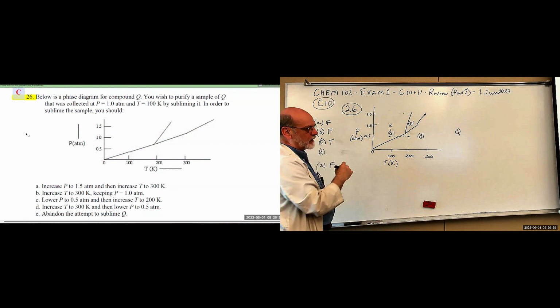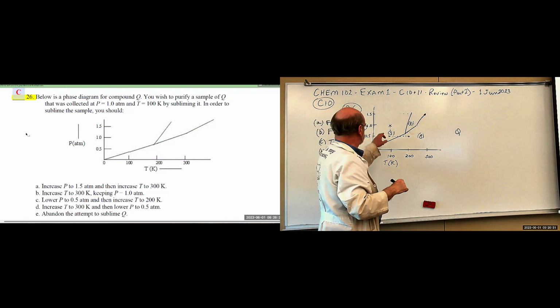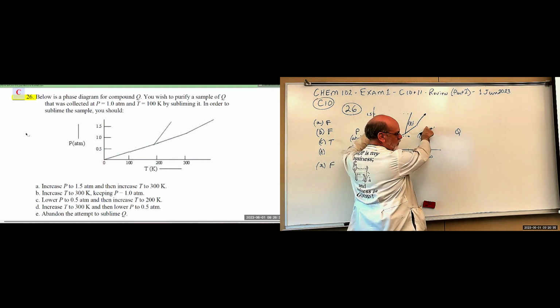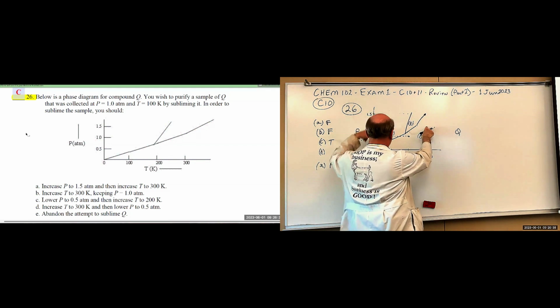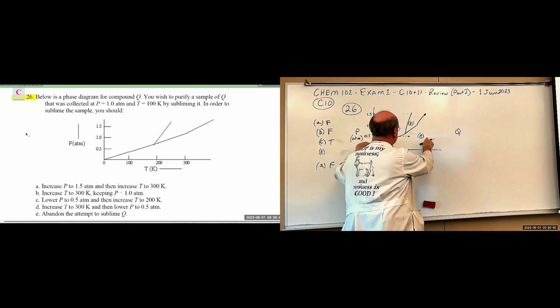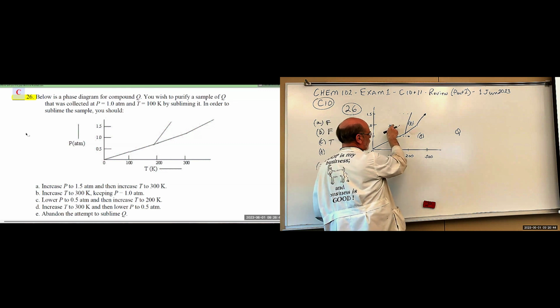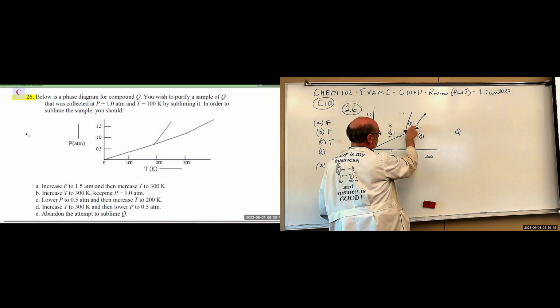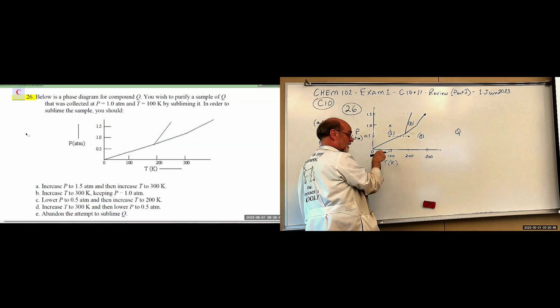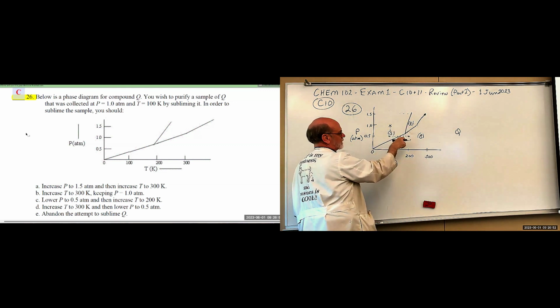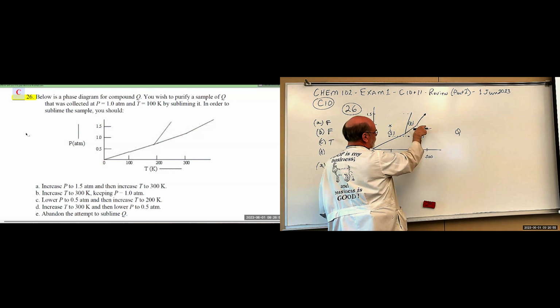Let's see if D's any better. Increase temperature to 300. If we go from here to 300, then lower pressure to 0.5, what you're doing is crossing through liquid, and we don't want to do that because that's not sublimation, that's melting. We're going to melt it, and then vaporize it.